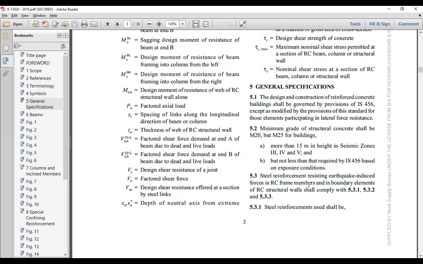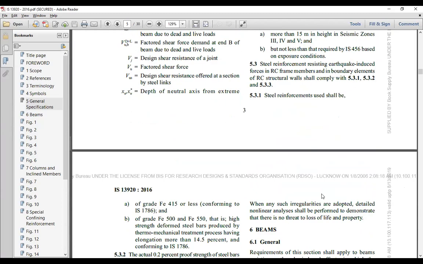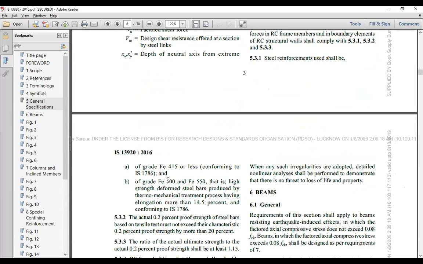Let us see the third clause. Steel reinforcement resisting earthquake induced forces in RC frame members and in boundary elements of RC structural walls shall comply with this. Okay, steel reinforcement used shall be of grade Fe 415 or less. This much was given in the previous code also, but here they have added a sub-clause.